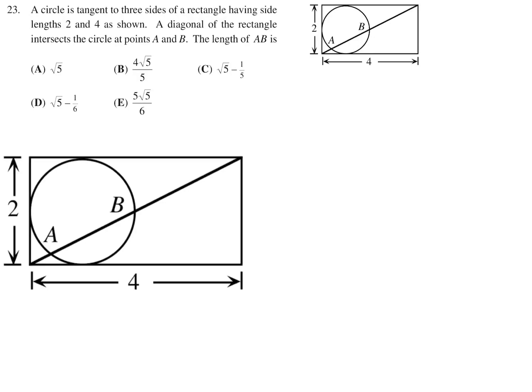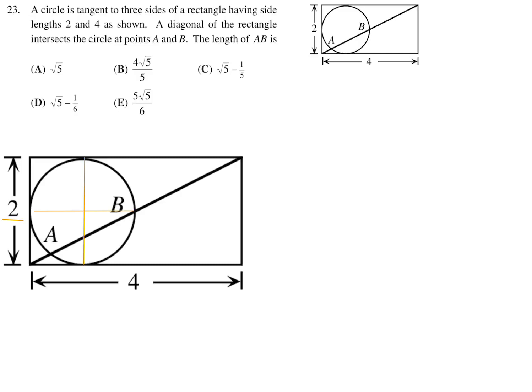So I've blown this up a little bit, and let's start labeling what we know from this diagram. We know that this circle essentially has a diameter of 2, right? From top to bottom. That's the diameter, and it's 2. And therefore, the radius is going to be 1.